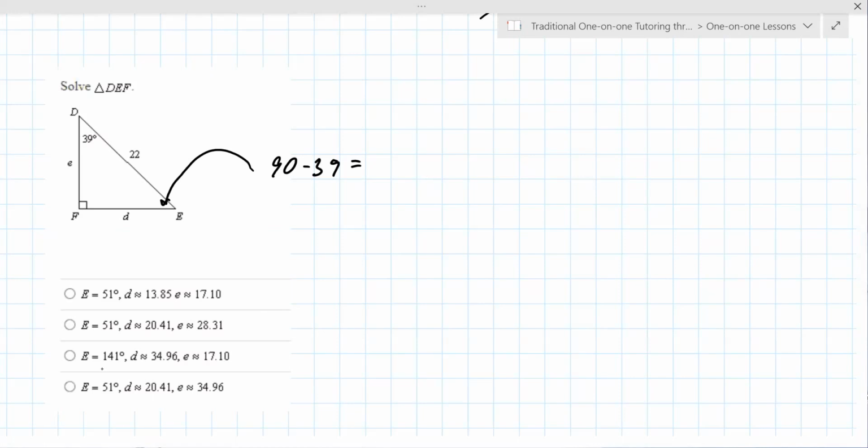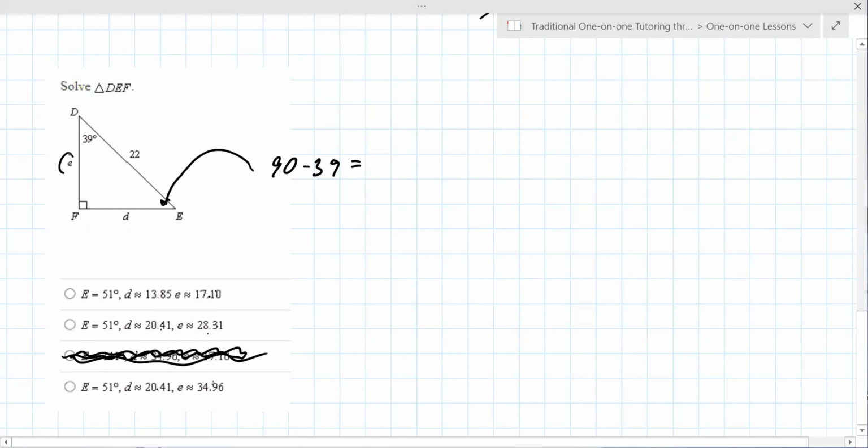Yeah, 51. So notice that this answer is gone. C is gone. Now, when you look at the three answers for D, you see an overlap here. So you don't want to use that one, but in E, there is not an overlap. So we want to find E.